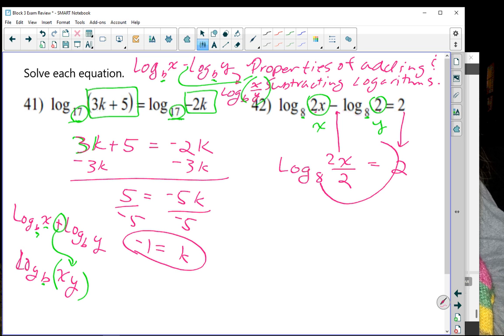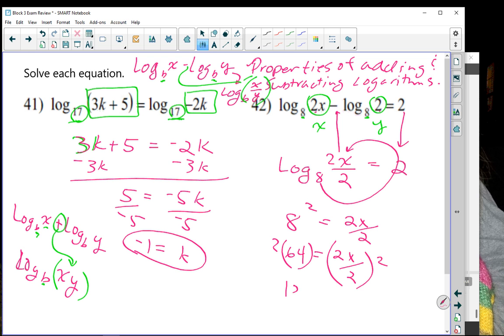So I'm going to rewrite this as 8 squared exponentially equals 2x divided by 2. Exactly. 8 squared is 64. How do I get x by itself? I've got to multiply by 2, then divide by 2. x equals 64.